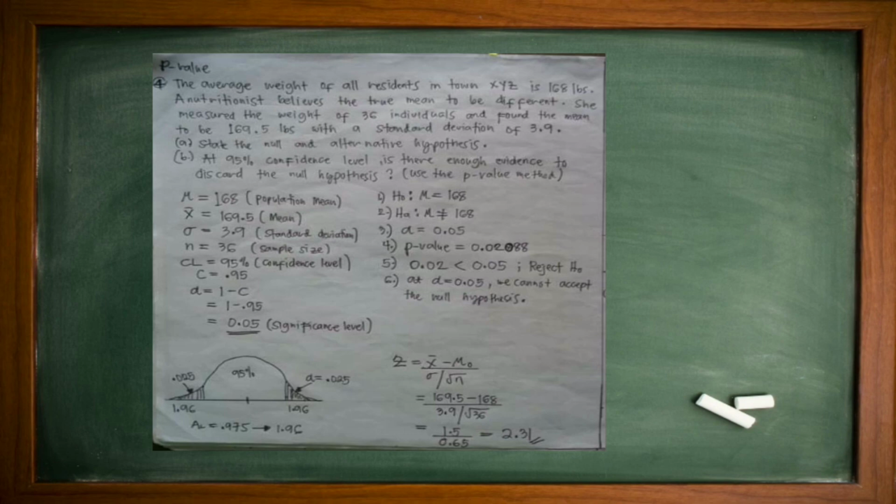And then using our mathematical computation, we will get 2.31. Okay, so yan po yung ating calculated test statistic using our z normal distribution.